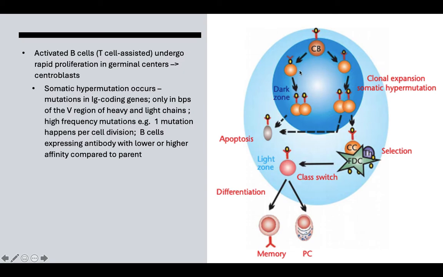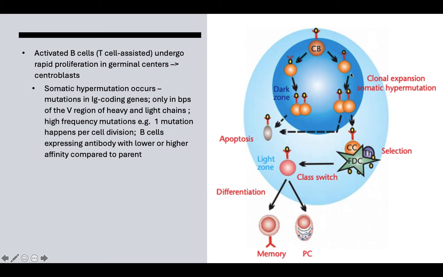We call them centroblasts. They're found on the dark zone area of our germinal center. So in this stage, we expect that as your antigen is bound to our B cell, assisted by T cell activity, your activated B cell, your centroblast, will continue on dividing.